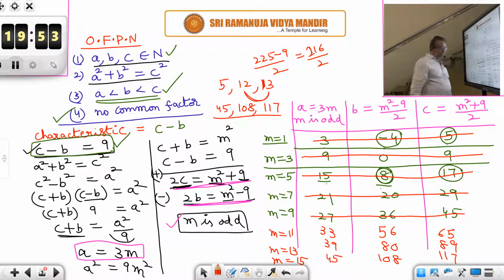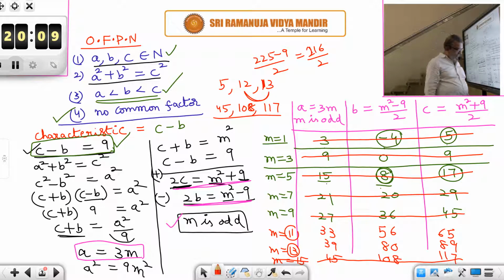So 45, 108, 117. 9 is a common factor, so we cannot accept them. So m equal to 11 and m equal to 13 are okay, but m equal to 15 is failing.